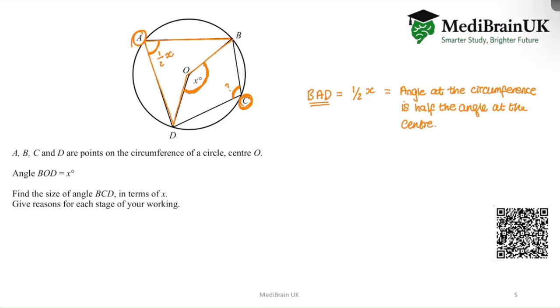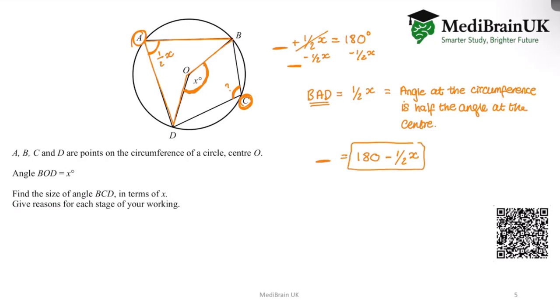That means something plus a half x must equal 180 degrees. To work out that something, we subtract a half x from both sides to get it by itself. So the something is equal to 180 minus a half x. And that's what our answer is going to be: 180 minus a half x.